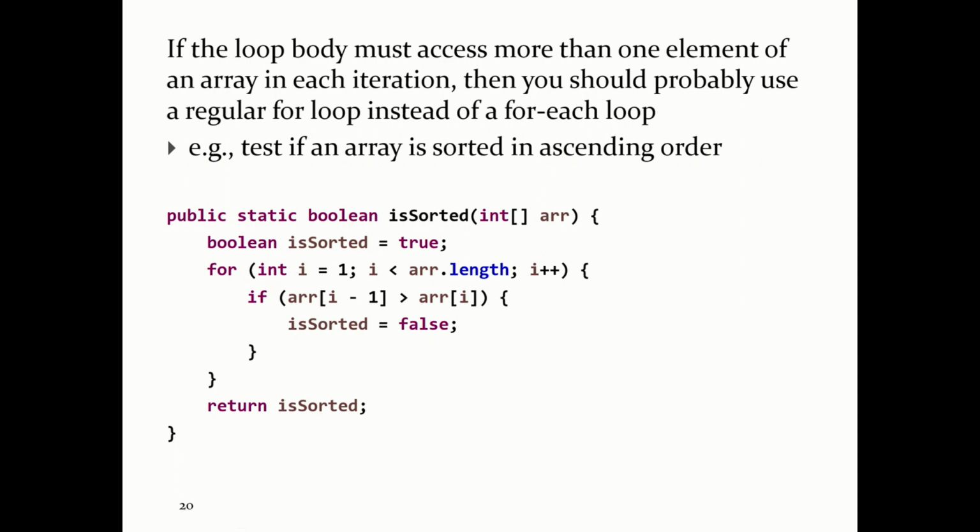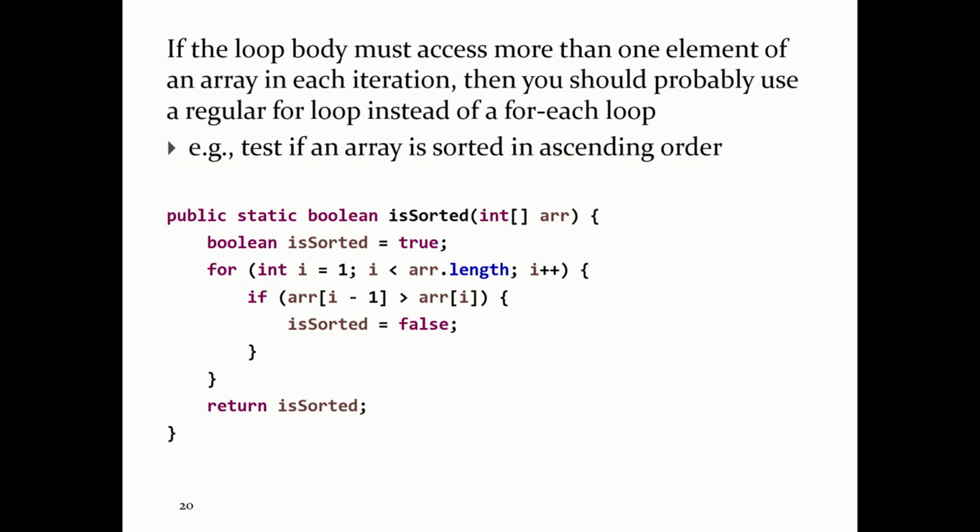If the body of the loop has to access more than one element of the array at a time, it's easiest to use a counting style loop. In other words, it's awkward to use a for each loop if I need to access more than one element of the array at the same time.